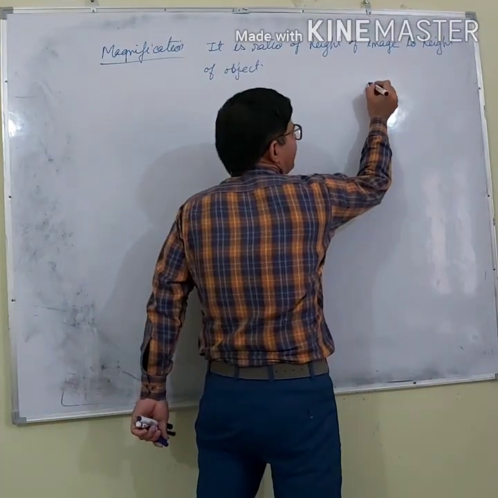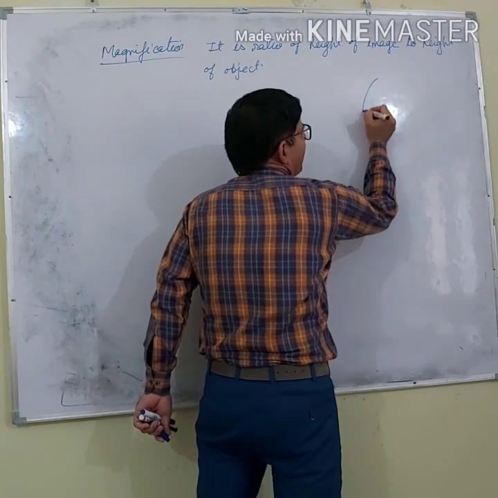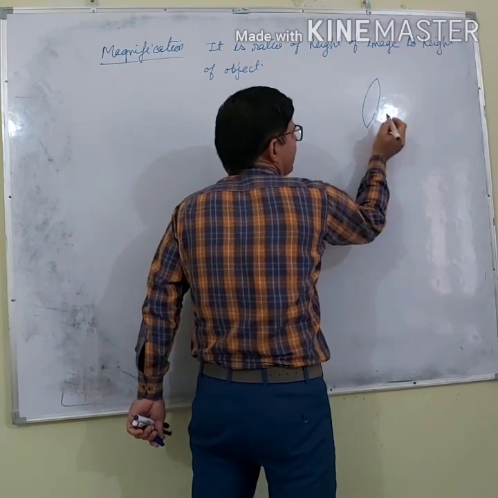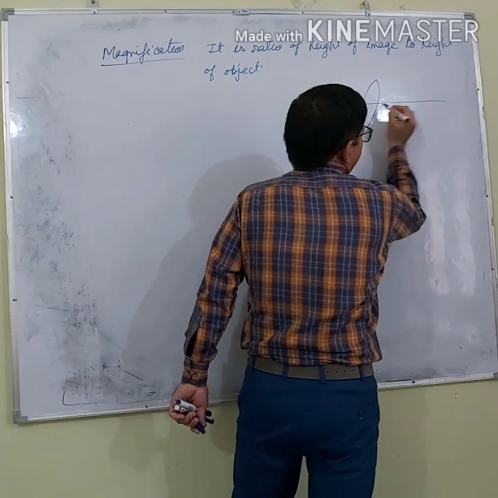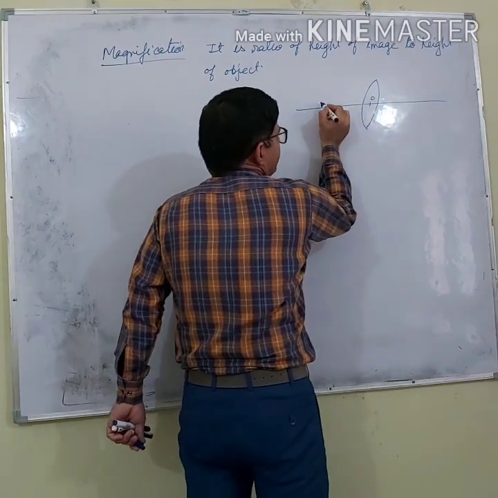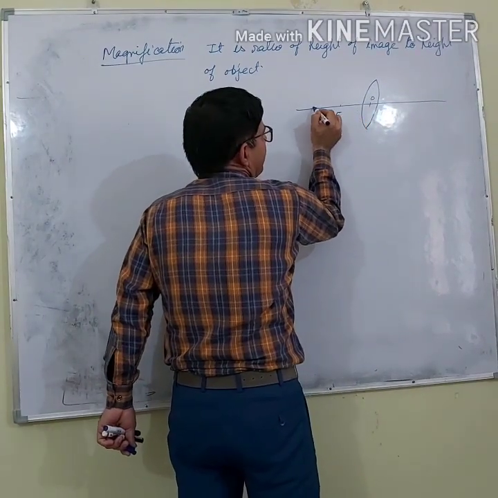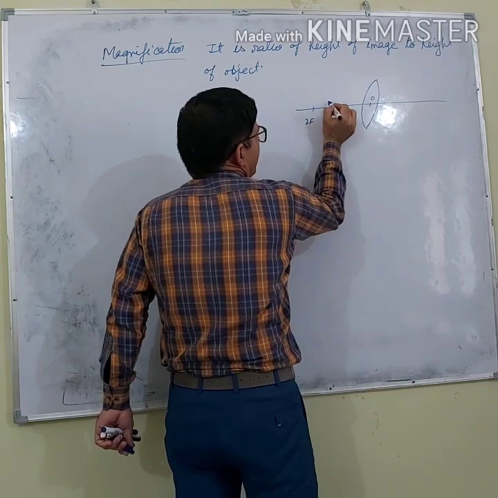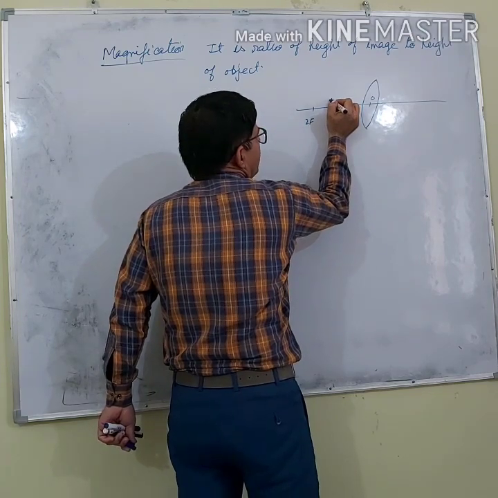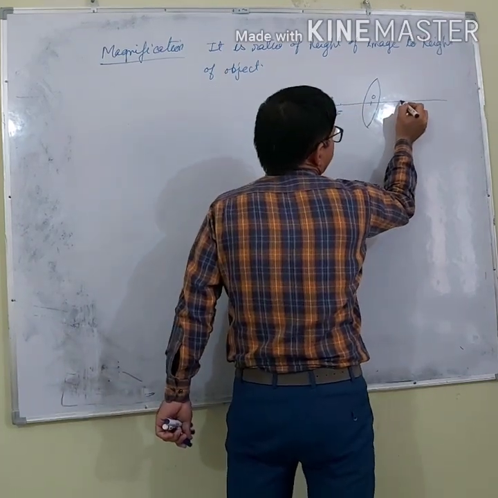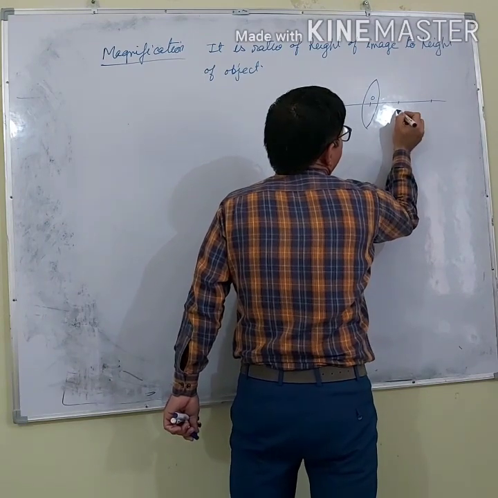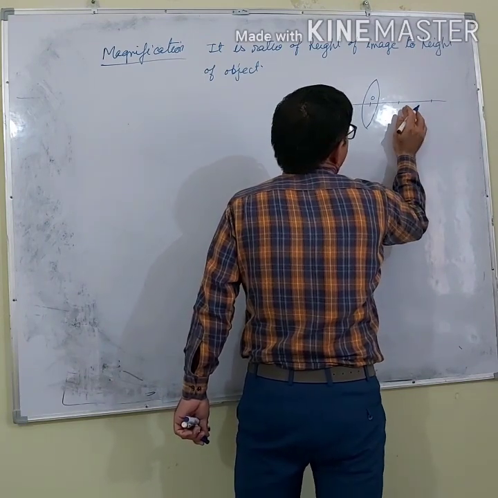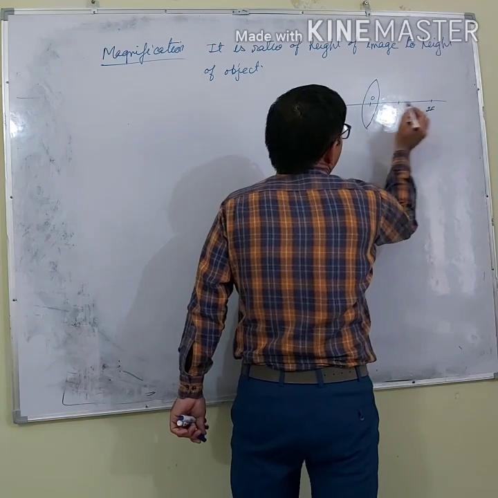For example, all of you have done this: this is a convex lens, this point is the optical center, this is f, this is 2f. If you place the object at 2f, again it is f, again it is 2f.